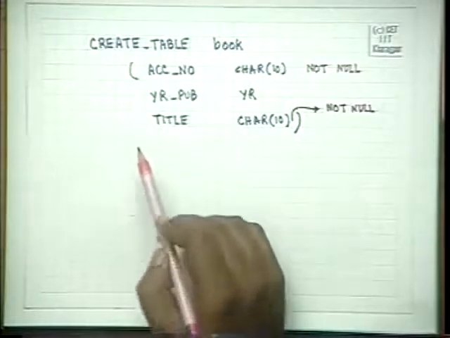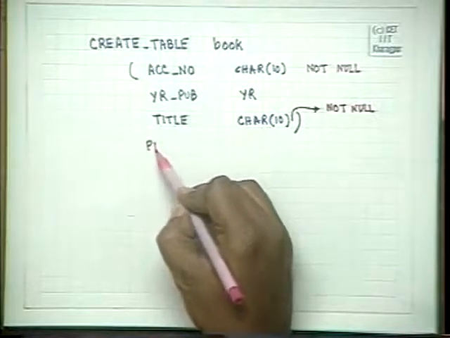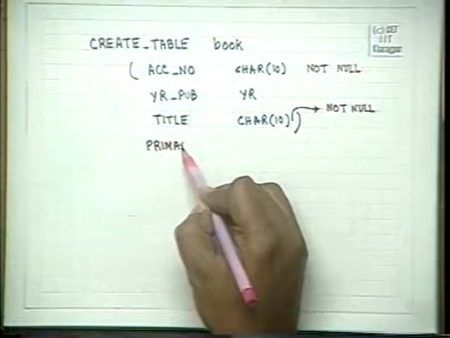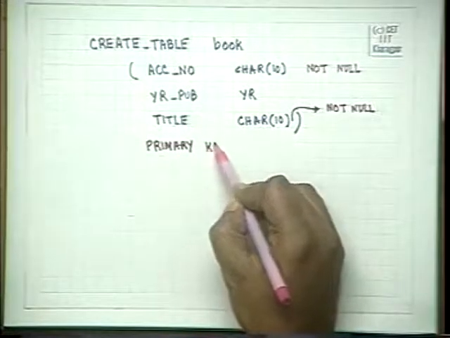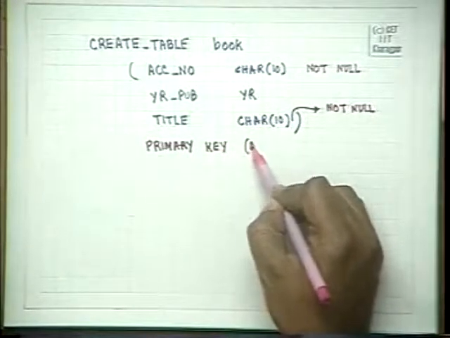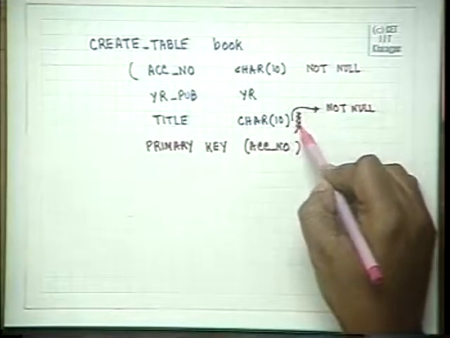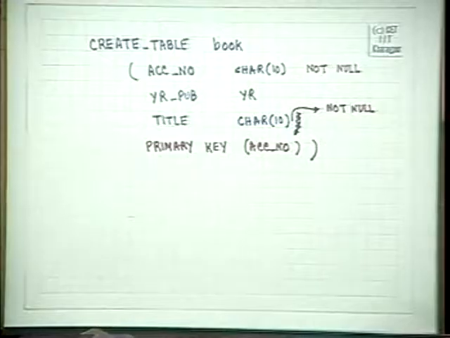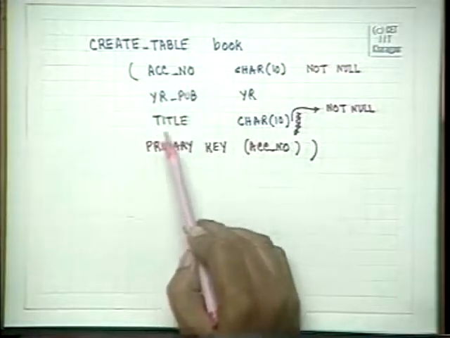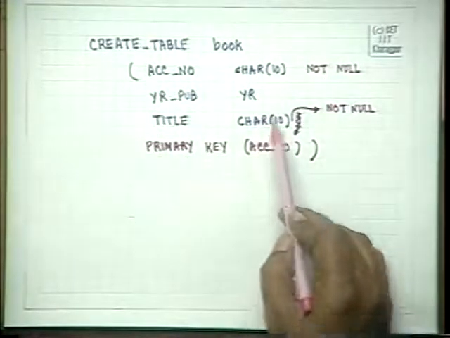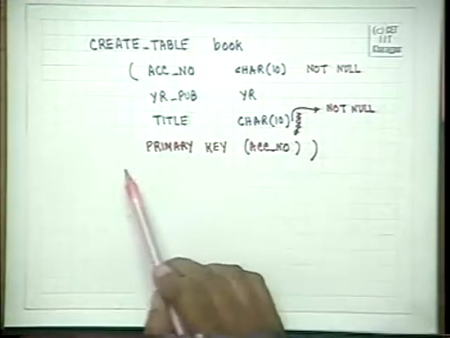Other than this, you will have to specify what is the primary key. So we are specifying the constraints, we specified the attributes, we specified the types, what is null, what is not null, and what is the primary key.